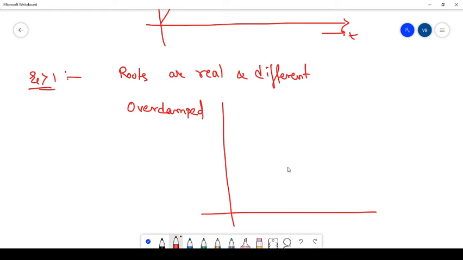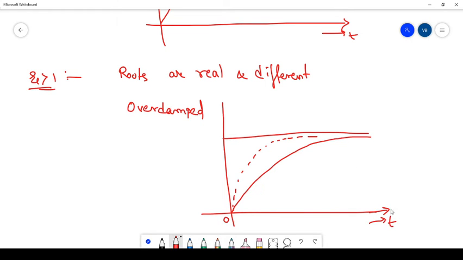The output will take more time to reach the input compared to the critically damped case, which looks similar but takes more time. Critically damped you are going to get like this. Whenever the zeta value increases, it will take longer and longer to reach the output. So this is C of t and this is U of t, the output and input of an overdamped system.